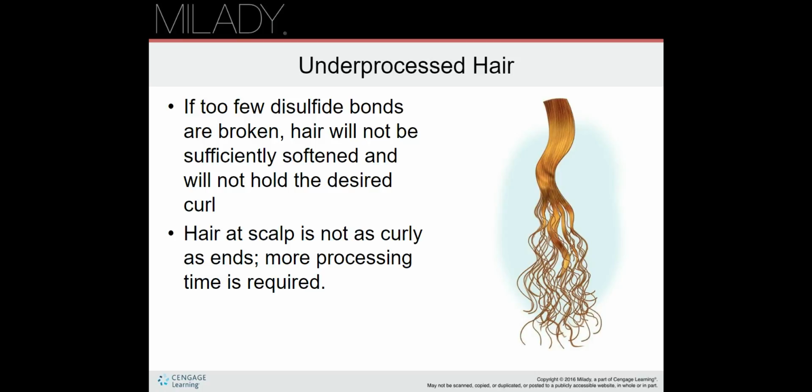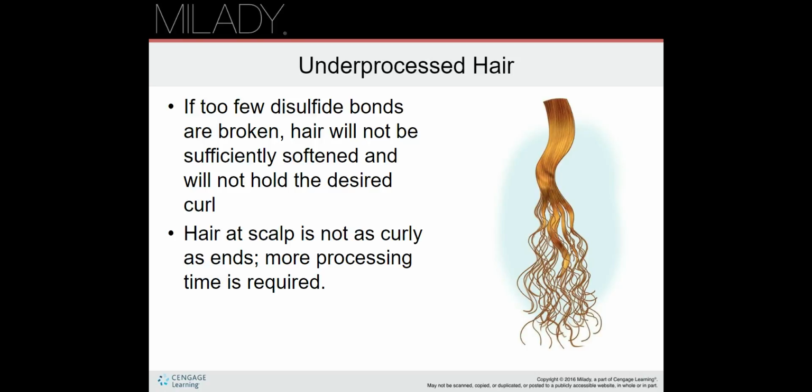Underprocessed hair could be resistant hair, gray hair. If too few disulfide bonds are broken, hair will not be sufficiently softened and will not hold the desired curl. Hair at the scalp is not as curly as the ends. More processing time is required. This is because possibly the hair is very coarse or gray, so it's resistant, and you need to give it a little bit more time.